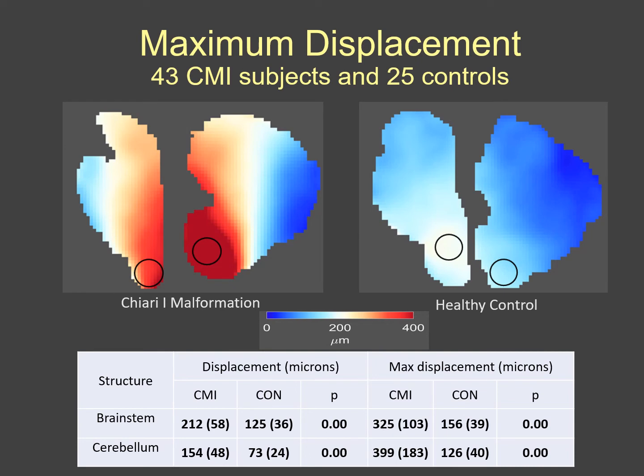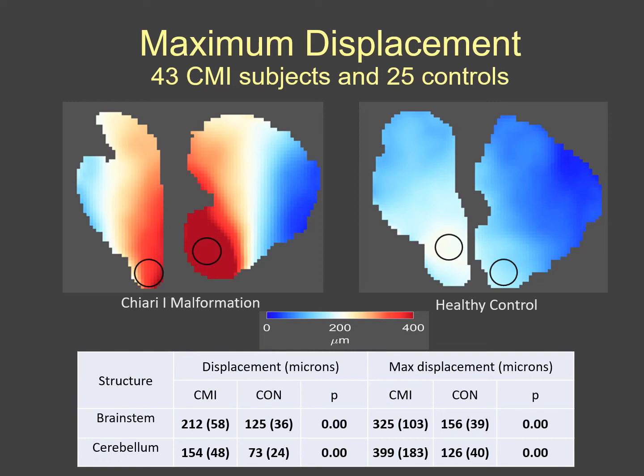Here we see a couple of pictures. The one on the left is for Chiari and the one on the right is for a healthy control. We get a mapping of the displacement that is occurring across the brainstem. That's the structure on the left, as well as the cerebellum. And those red hot spots correspond to the large motion greater than 400 microns.